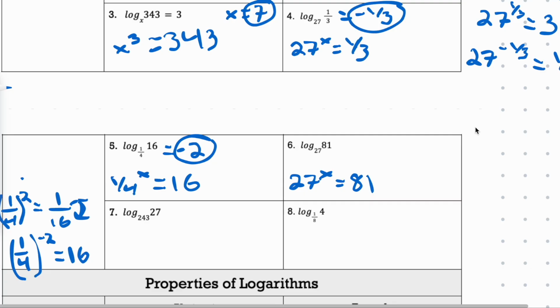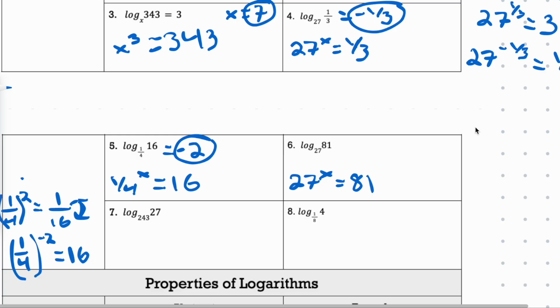And 9 is actually 3 squared. So maybe this has something to do with 9s or 3s, right? Now let's look at 27. Well, 9 is a factor of 27, right? 9 times 3. And because 9 is a factor, so is 3. And it comes out to be 3 to the 3rd power equals 27.